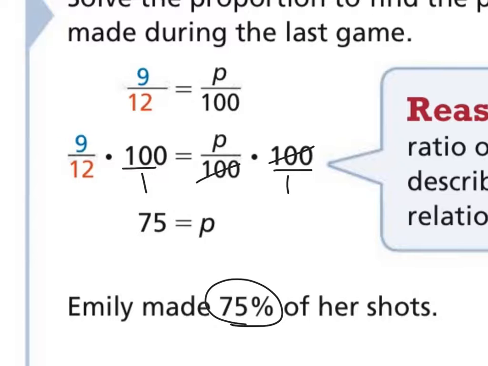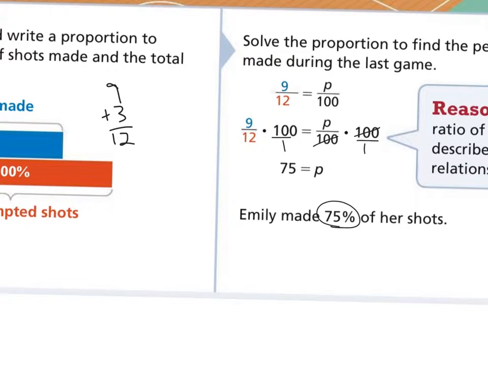Another option you could have done is that 9/12 is a fraction that could be reduced. So 9/12, both of those are reducible by? 3. Good. Reduce both of those by 3 would be? 3/4. Okay. And 3/4, some of you might know that is 75%.